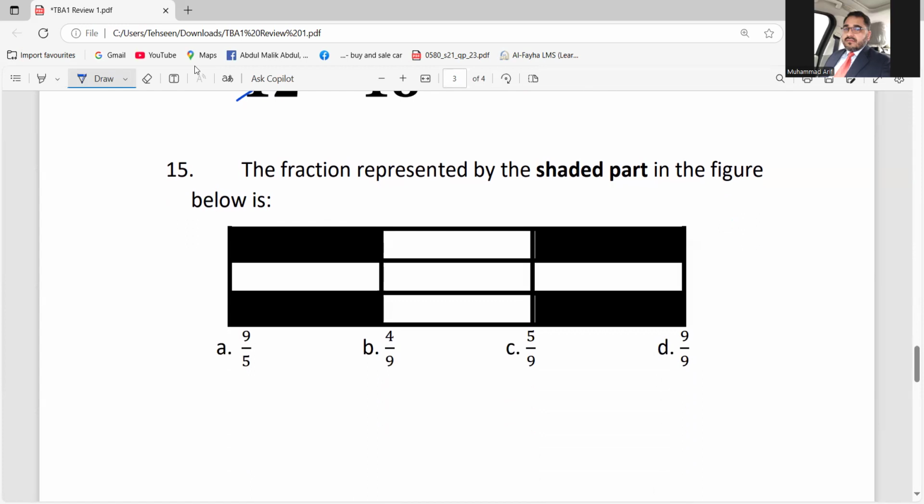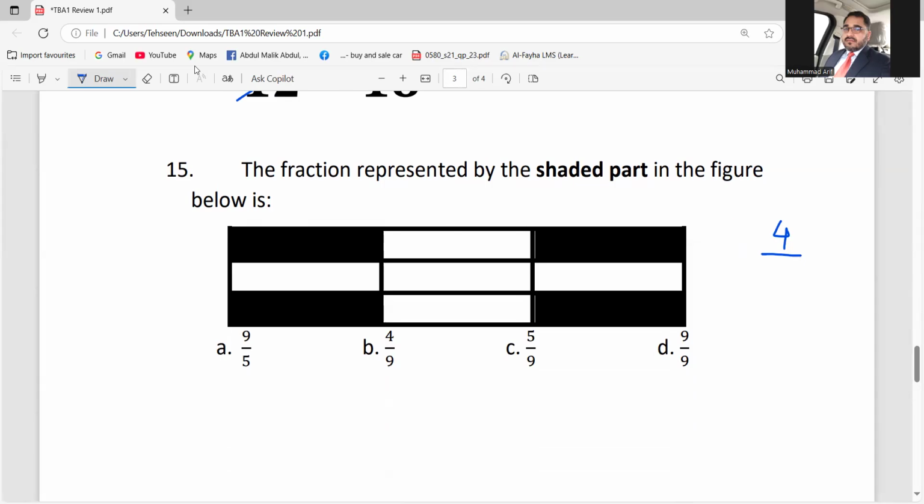Question number 15. The fraction represented by the shaded part in the figure below. First of all, we will check how many shaded parts there are in this figure. 1, 2, 3, 4. 4 are shaded. In the numerator, we need to write the shaded parts, and in the denominator, we need to write all the parts.